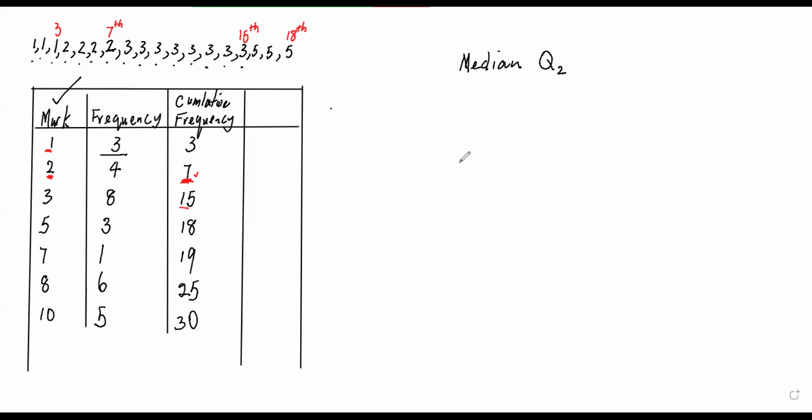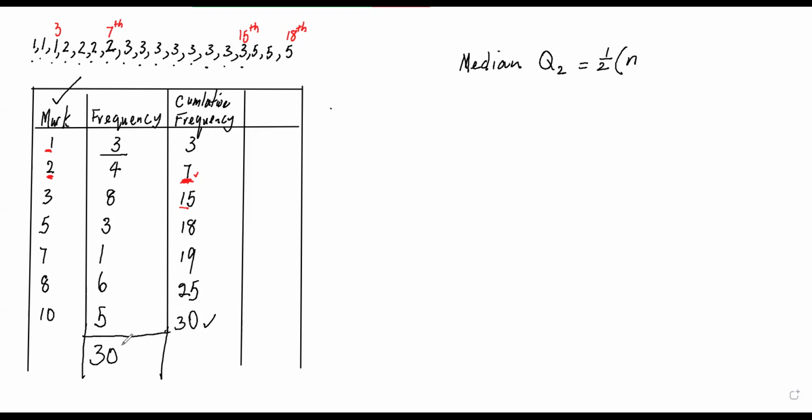The middle value. Now, the formula for the median for ungrouped data is a half N, which is the total frequency. The total number, yes, the total frequency. If you add up all these numbers, you're supposed to get this number here.